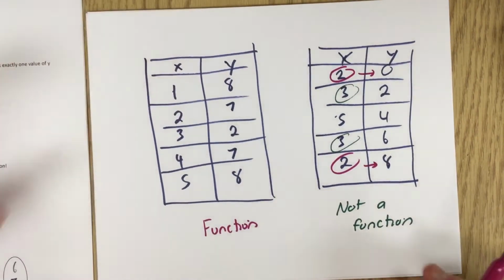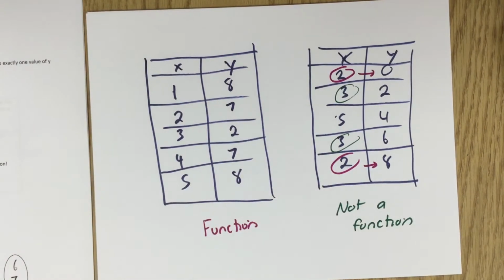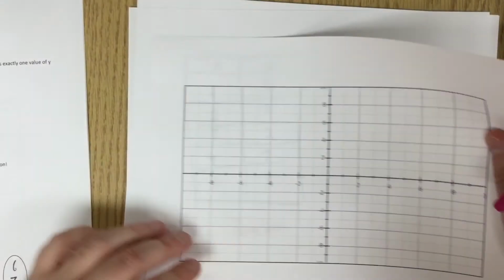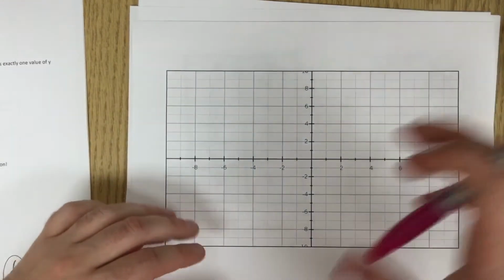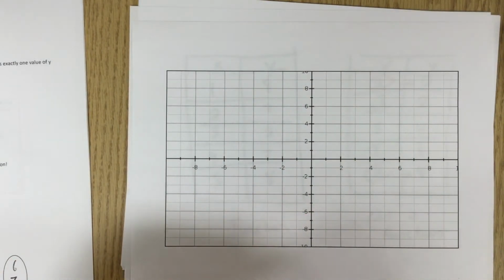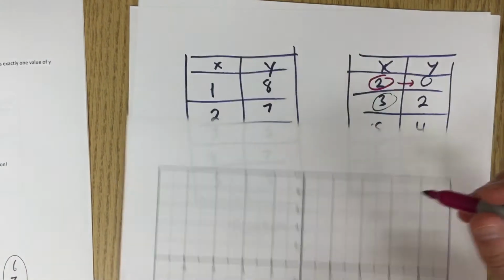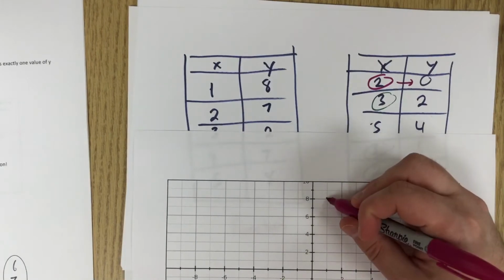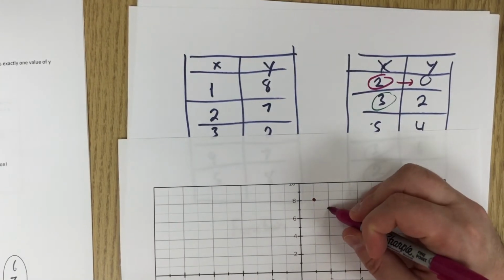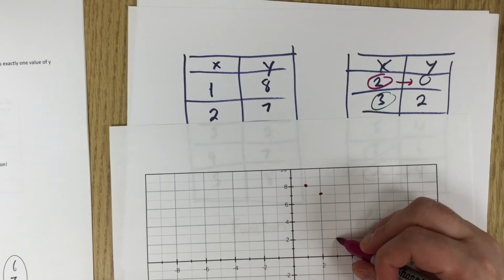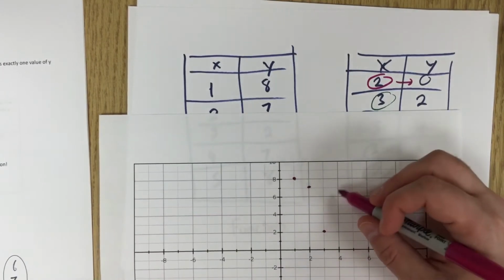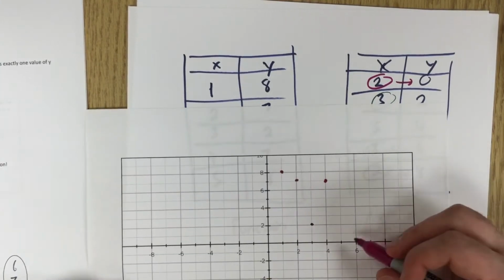What I'm going to do is sketch these. Let me grab my graph over here. I'm going to do the function one first. We have the points 1 and 8, 2 and 7, 3 and 2, 4 and 7, and 5 and 8.